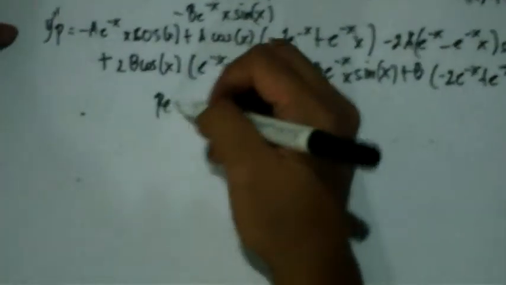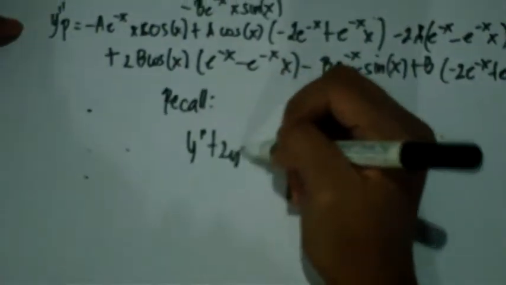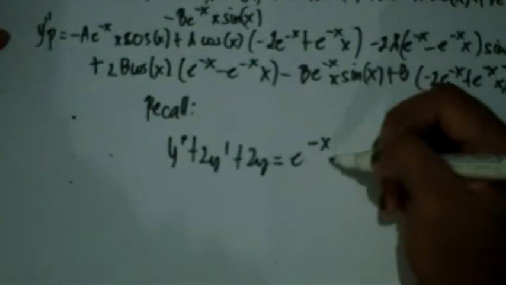So we recall our problem, which is y double prime plus 2y prime plus 2y is equal to e raised to negative x cosine of x, so as to ensure that our particular solution is correct. So by substitution of our yp double prime and yp prime to the values of y double prime, y prime, and y respectively, we'd come up with this.